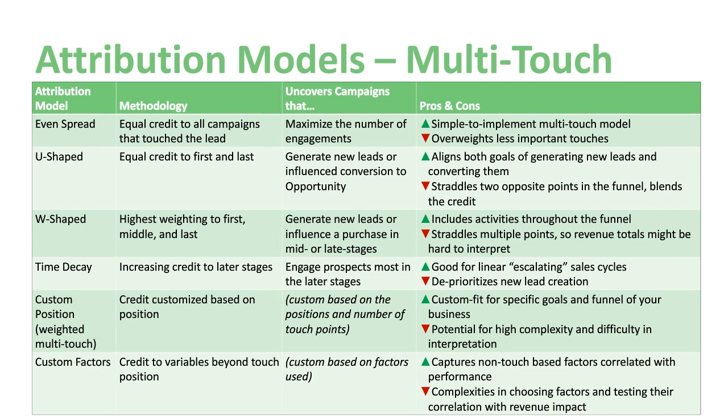And finally, there's custom factors, so you're giving credit to variables that are beyond the touch position. It's not just about first touch, last touch, or middle touch; you want to add in other factors such as the contact role, whether it's a person that is an exec or not, or any other factors that you find are correlated with impact on revenue. And you want to attribute some revenue credit or impact or influence metric to those to create a report that helps you understand really what works and what doesn't.